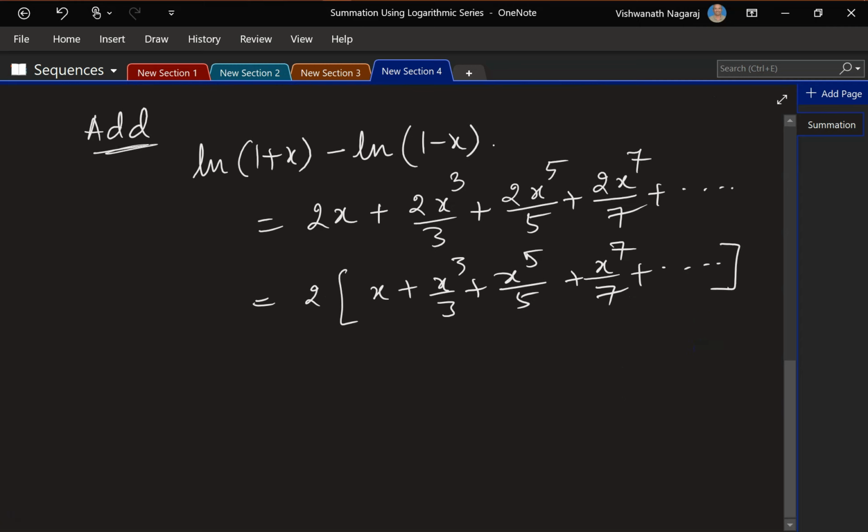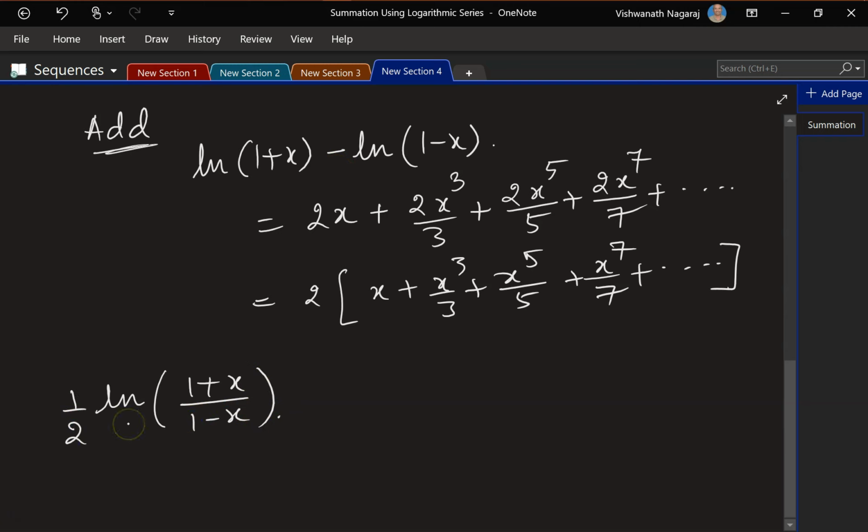Now this 2 can be taken to the other side, but before that let's simplify the left hand side as well. So you know the log rules. Natural log of 1 plus x by 1 minus x, that subtraction can be converted to division, and this 2 can be brought on to this side.